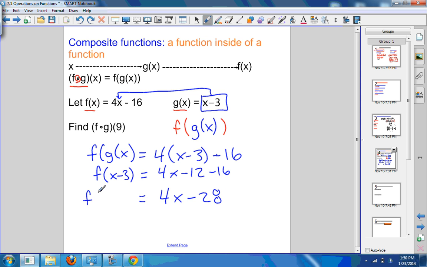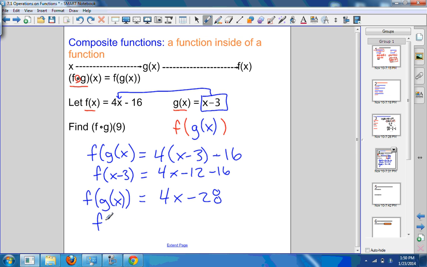Alright, so now if I want to figure out what f of g of x of 9 would be, I can do this 2 ways. The first thing I'm going to do is just plug it in here and find f of 9 as we figure out our f of g of x. Actually, let me go back. That's not a good way to write it. We should write it as f of g of 9.